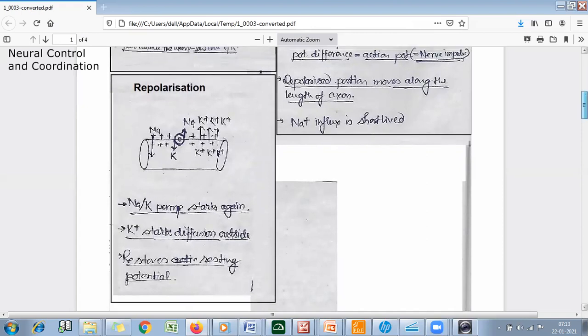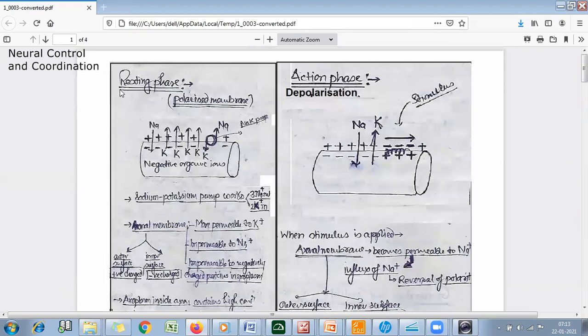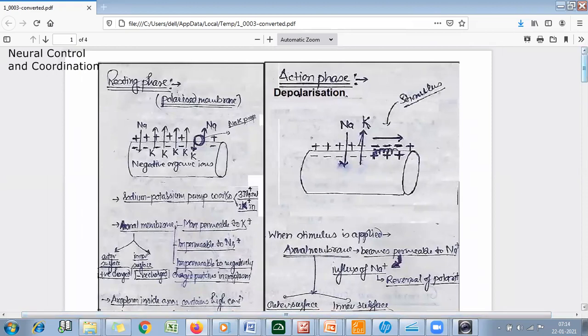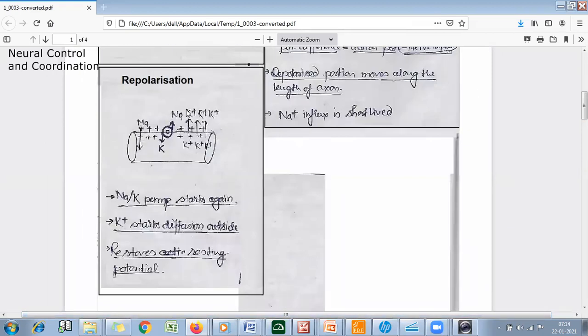We can see that in the first phase, the resting phase, the sodium potassium pump was continuously working, but in the action phase it has been stopped. But in the third stage, it will be resumed. Resumed means whatever physiological processes took place in the resting phase will be resumed.